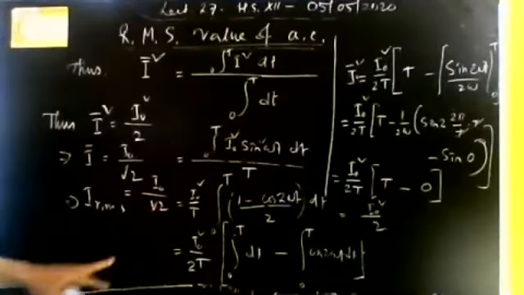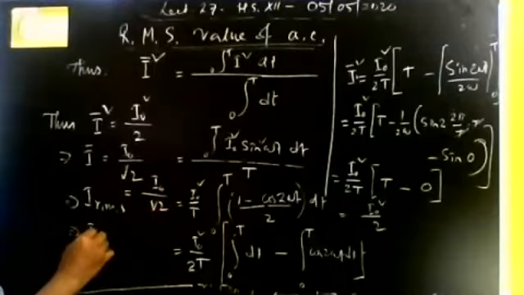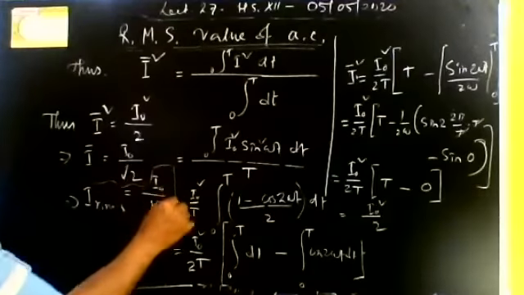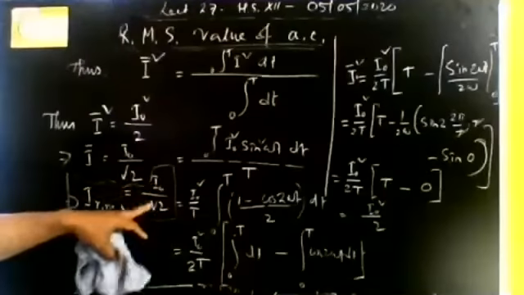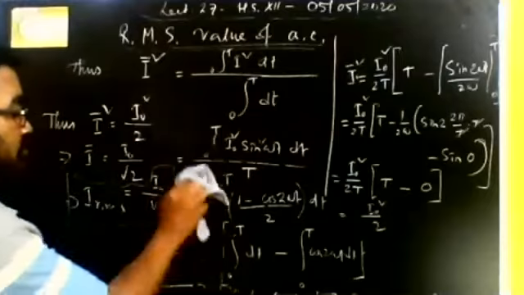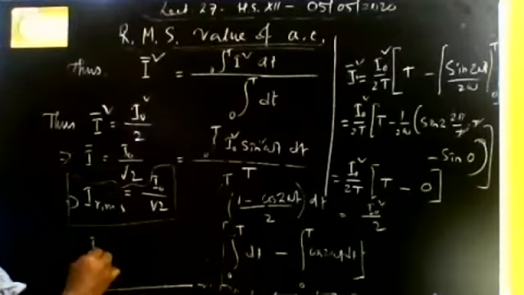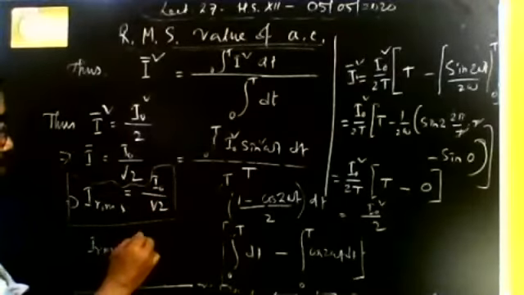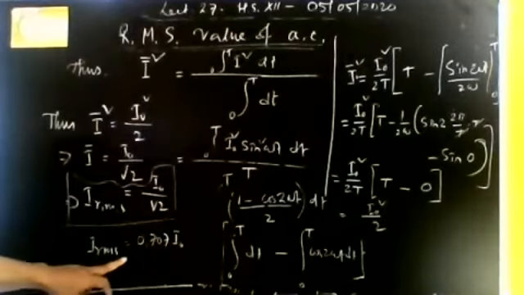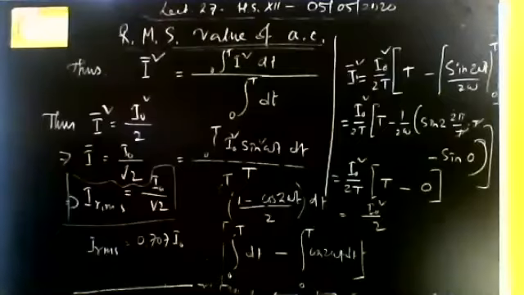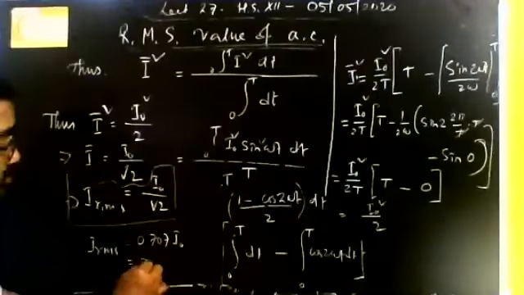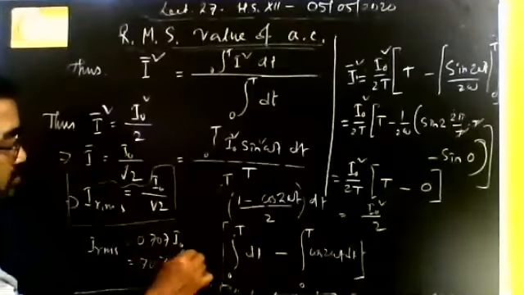So finally, what we are getting is IRMS is equal to I naught by root 2. If you put the value of 1 by root 2, you will get IRMS equal to 0.707 I naught. RMS is approximately 70% of I naught.